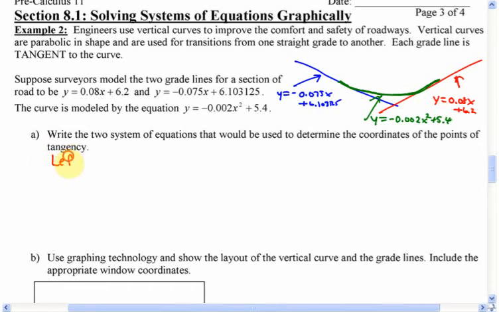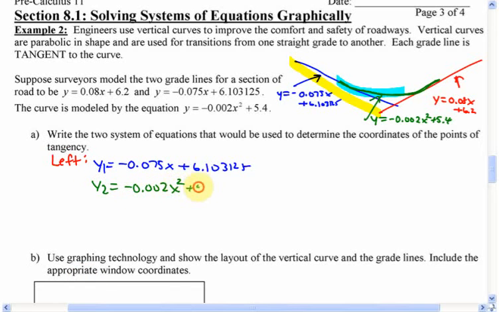Looking at the one on the left, you'd be using these two equations, yellow, blue. So I guess that would be y1 equals negative 0.075x plus 6.103125. And I'd also use y2, which is negative 0.002x squared plus 5.4.